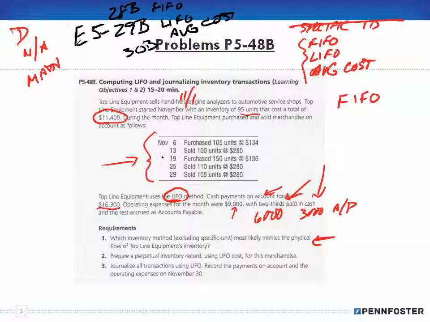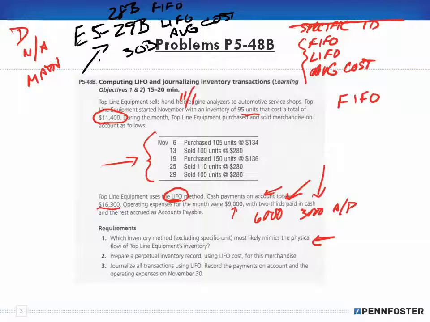If you want to go back and watch, go to those problems. In 28B, I explained the difference between FIFO and LIFO. In 29B, I just strictly did the LIFO method without any explanation other than how to work the problem. And in 30, I did the average cost, and you're able to see the differences between FIFO, LIFO, and average cost. I kind of explained that in 30. We're going to do LIFO here, and if you need additional help, go back to that particular problem.